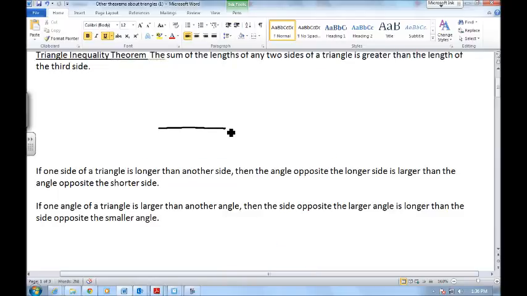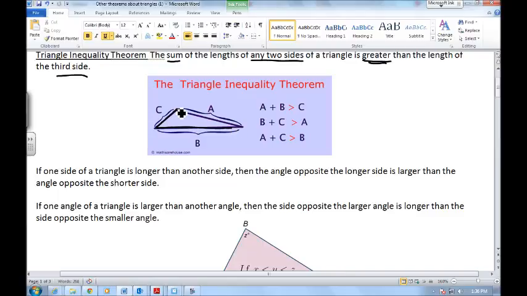Say B plus C. That sum will also be greater than A. Or you can pick another two and add up C plus A, and that will be greater than B. This works for any triangle. Add up two of the sides, and their sum is always greater than the third side.